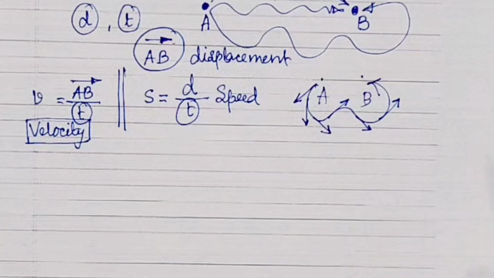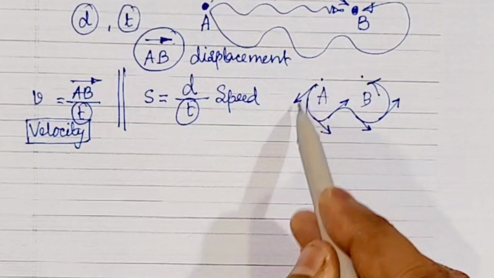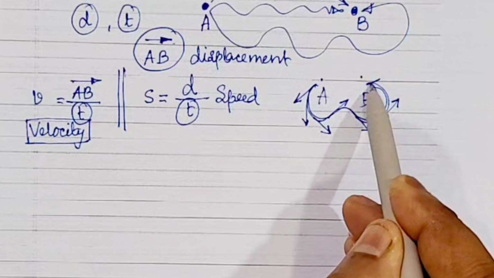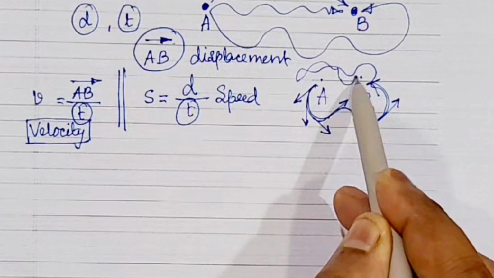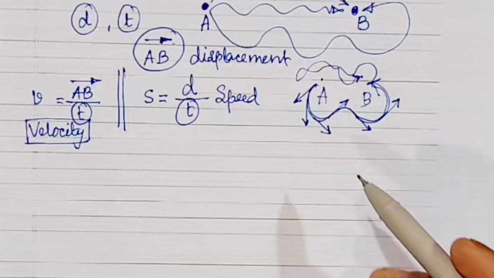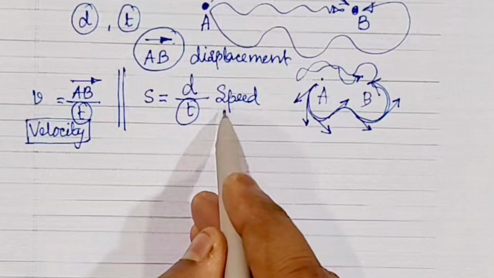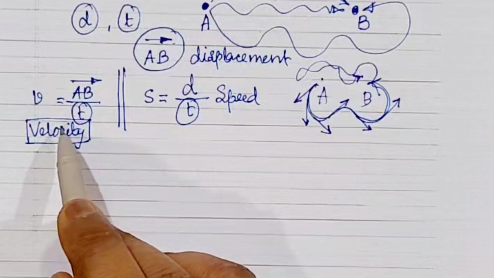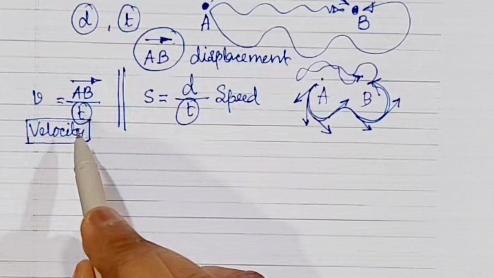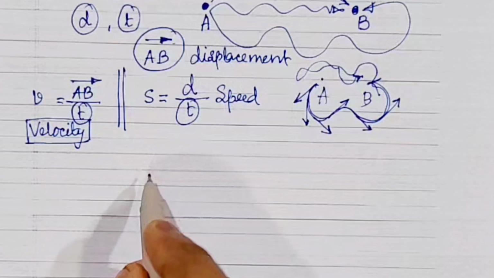So these are all the tangents on the path. We are not bothered about any of these. We are just bothered about from A to B, and let's say it kept on moving some more and then finally came to B. So speed is a scalar quantity. V, vector, velocity, it's a vector quantity.